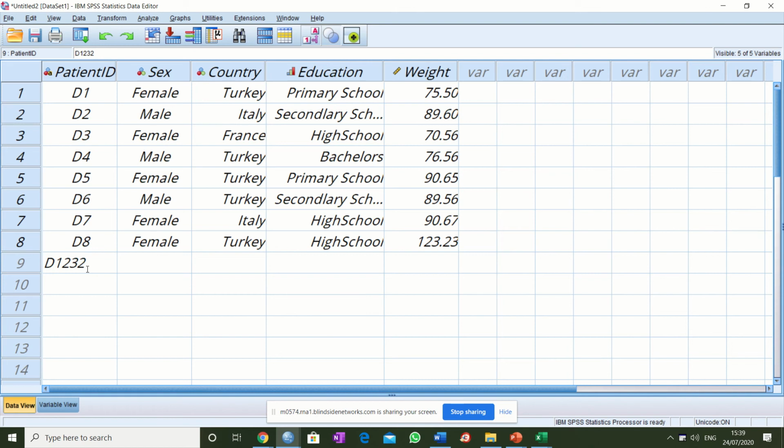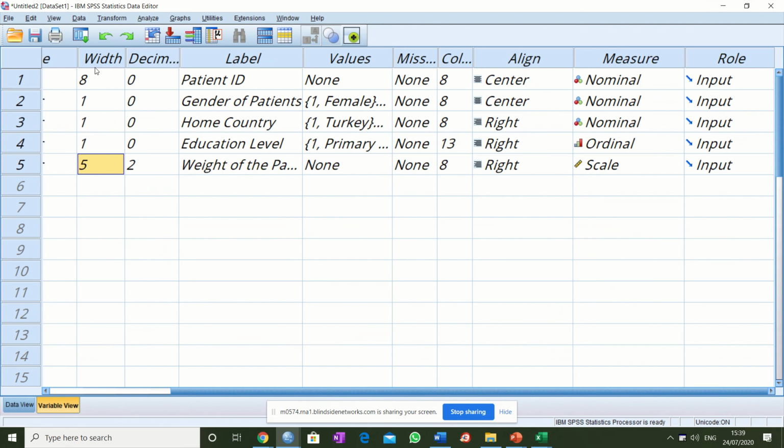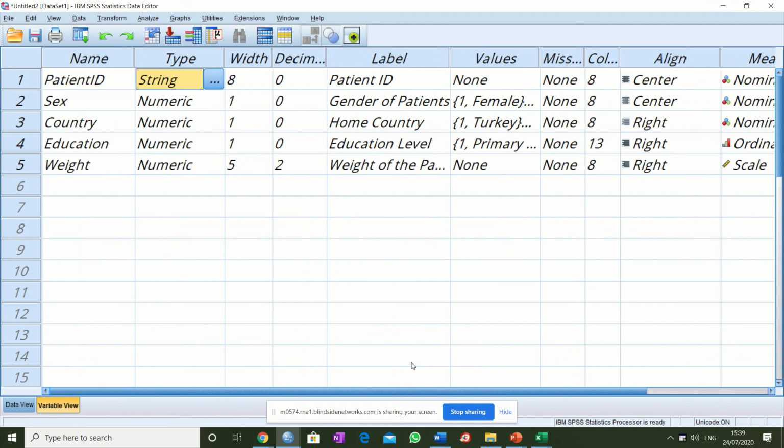So we are going to think about how many letters or numbers we have here. The maximum possible: 1, 2, 3, 4, 5, right? So what did I define here? It automatically defined as 8. It's not wrong. I can say 5.